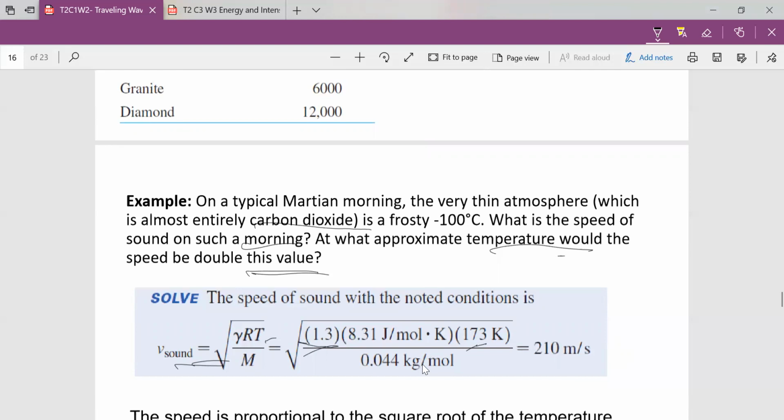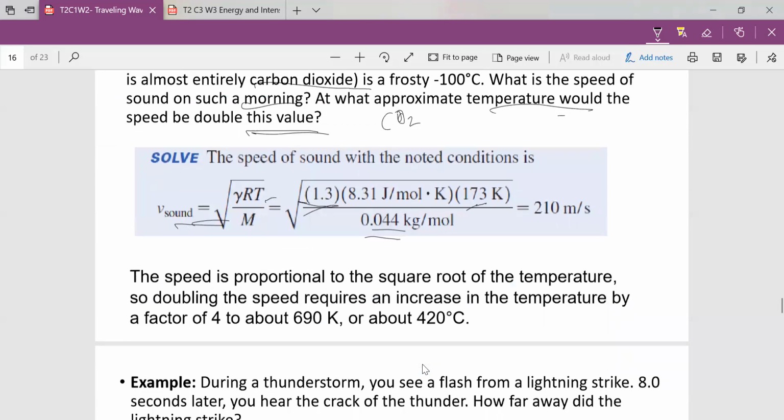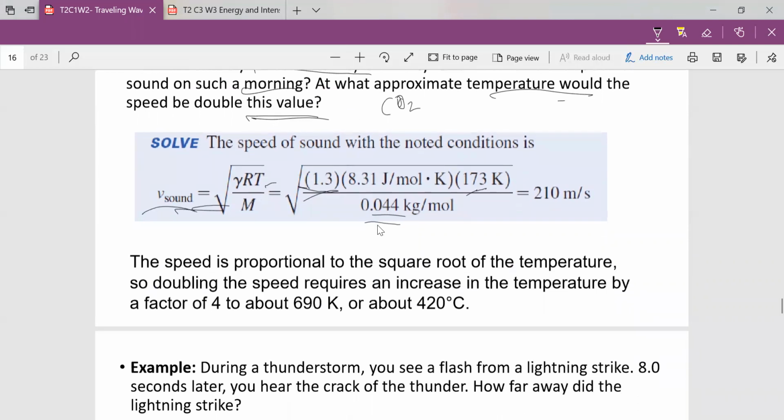Then the molar mass for carbon dioxide as well in grams per mole. All right. So we use that to calculate, substituting all the parameters as given. We took the square root and we got 210 meters per second as the speed of sound.